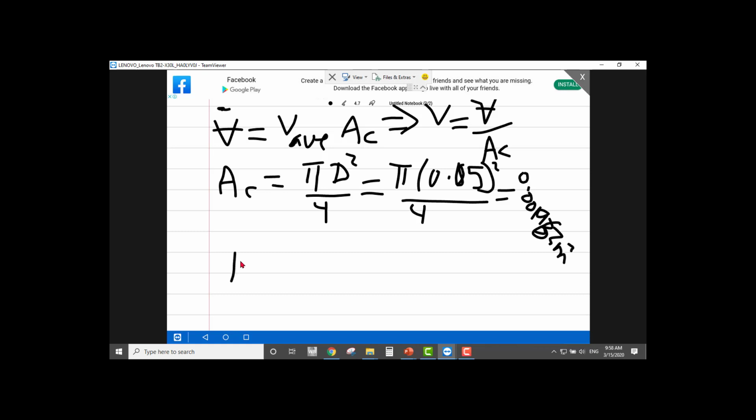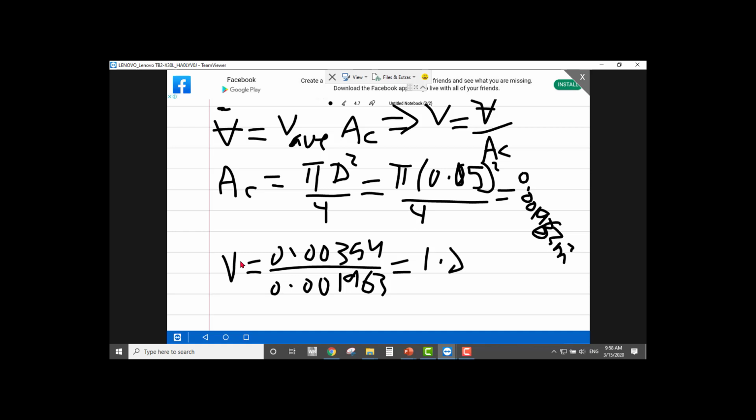Now, V averaged equals the answer of part C, 0.00354, divided by 0.001963, and this is equal to 1.8 meter per second.